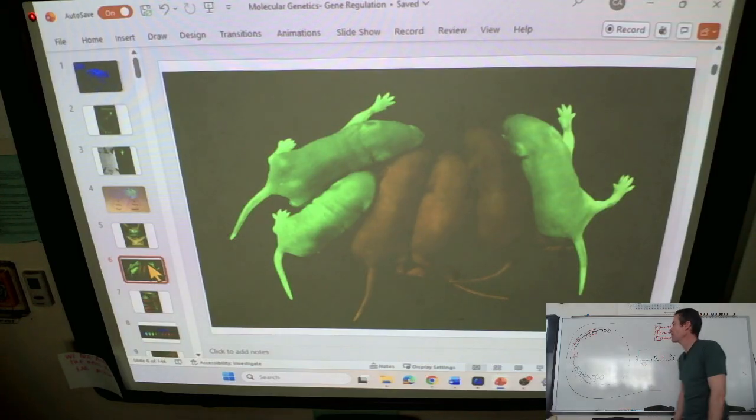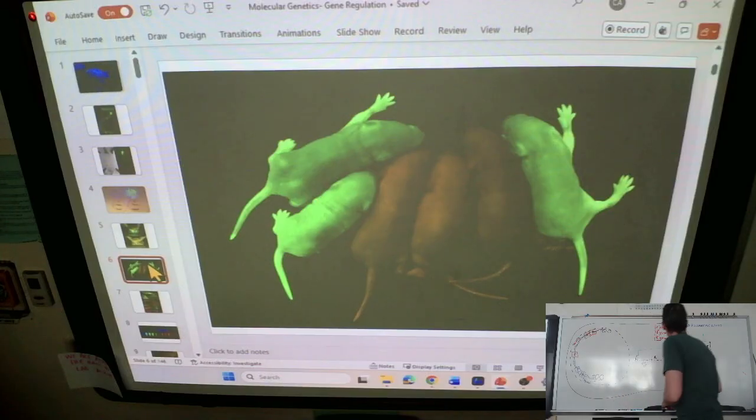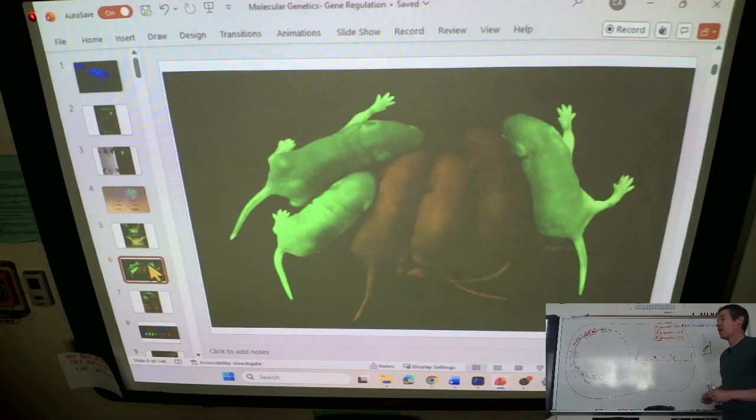I can investigate further. So a promoter sequence is the beginning of a gene, and it is where RNA polymerase lands. And because of that, that's where RNA polymerase lands.